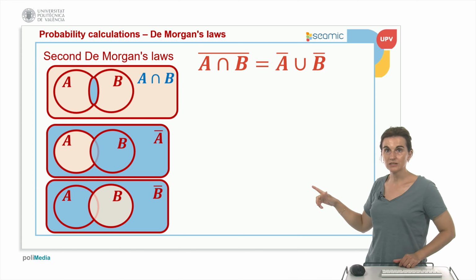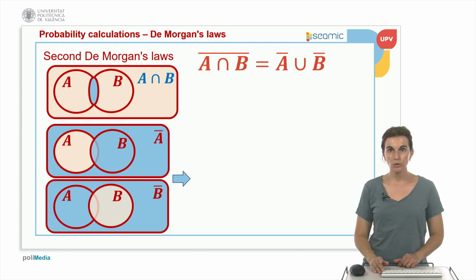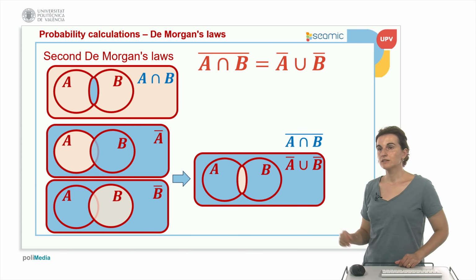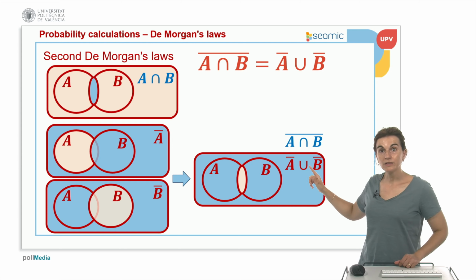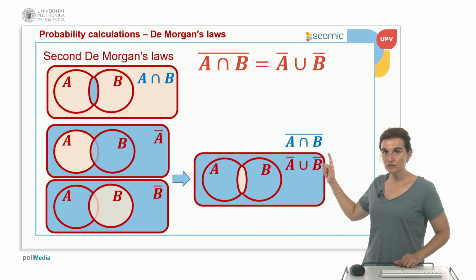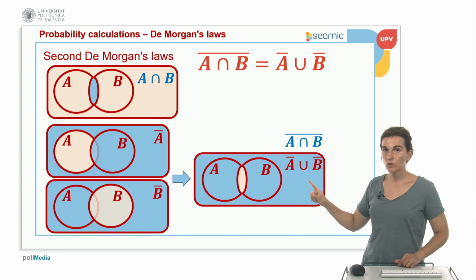If we consider the union of these two areas, then we would obtain the union of no A or no B. So, here we see how it works, that the complementary definition of the joint A and B can be obtained as no A or no B.